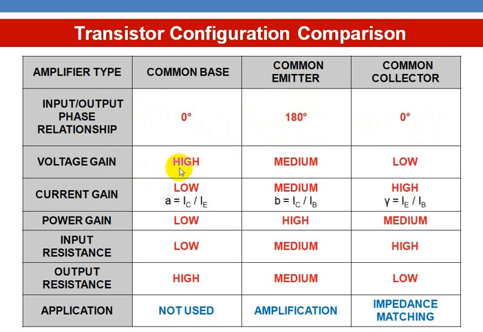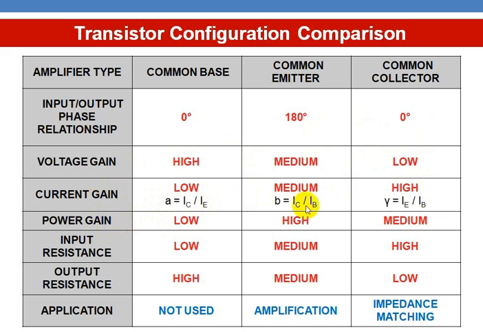Coming to the voltage gain, it is high for common base, it is medium for common emitter, and it is low for common collector. Coming to current gain, it is low for common base, it's medium for common emitter, and high for common collector. Power gain is low for common base. Power gain is the ratio of power output by power input.